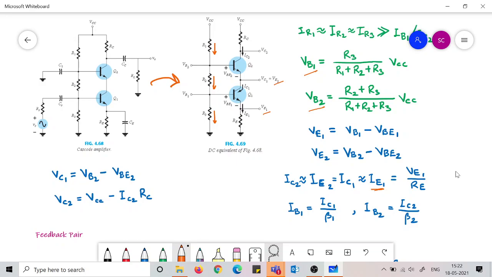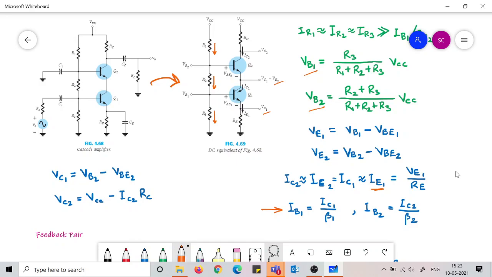Here we are first finding out the collector or the emitter currents, and then if it is asked, you can find out the base currents by simply dividing with the gain beta 1 or beta 2. Both the base currents will be the same if IC1 and IC2 are the same. They are not the same otherwise, but scaled by beta 1 and beta 2. If beta 1 and beta 2 are the same, then IB1 and IB2 will be the same. So what else do we need to find out? VE2 is VC1, which we have already found.